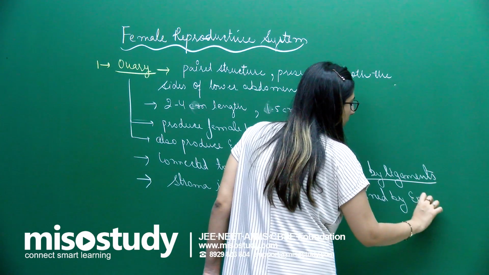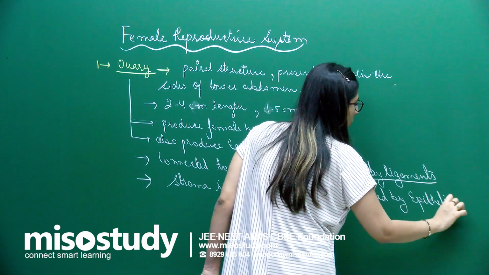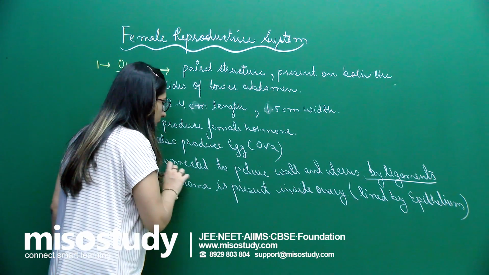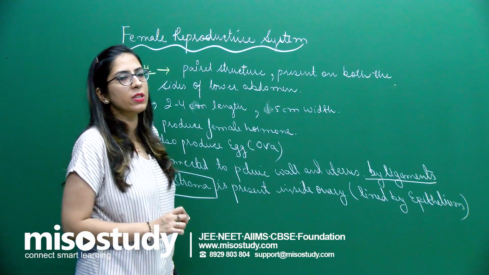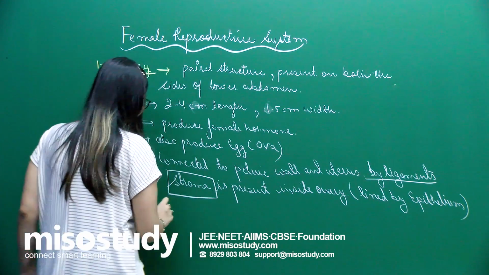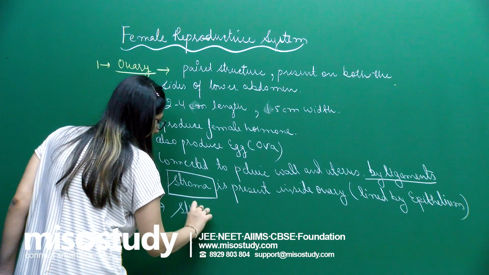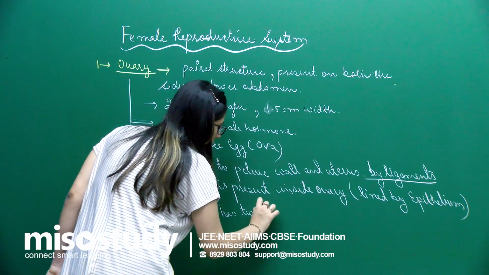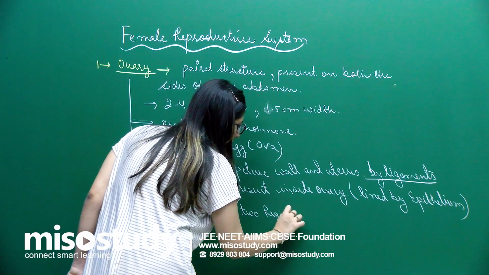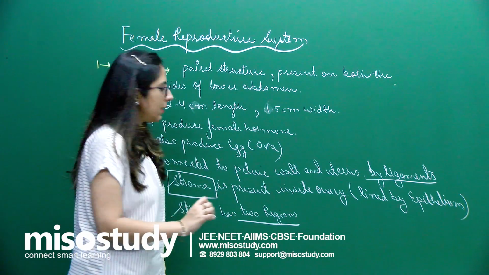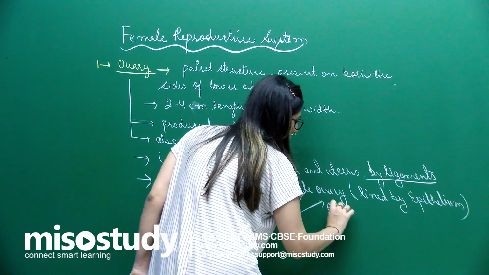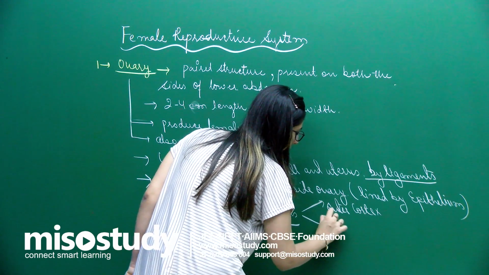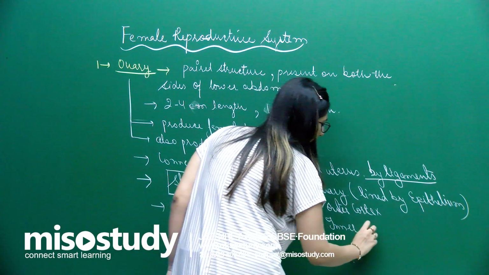The internal stroma is further divided into two regions: the outer cortex and the inner medulla.